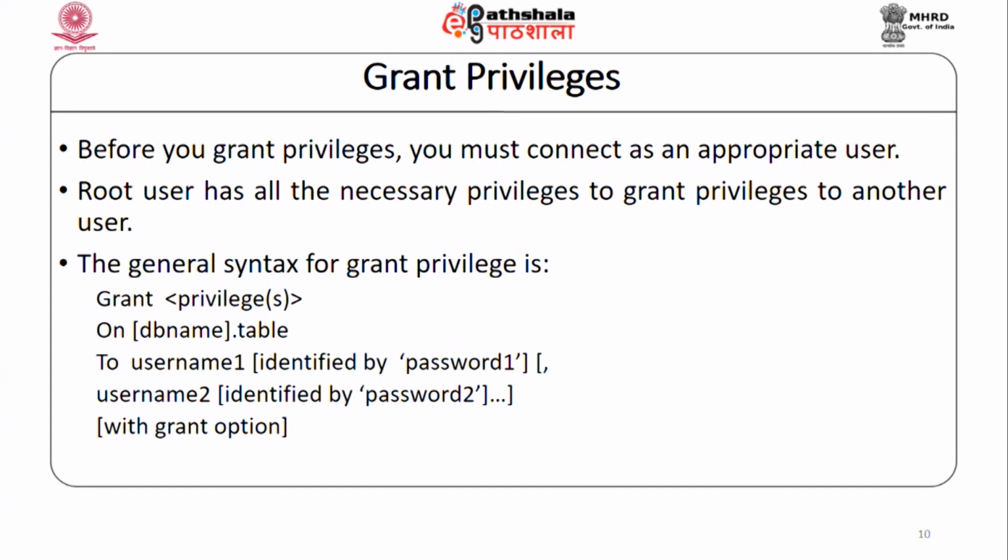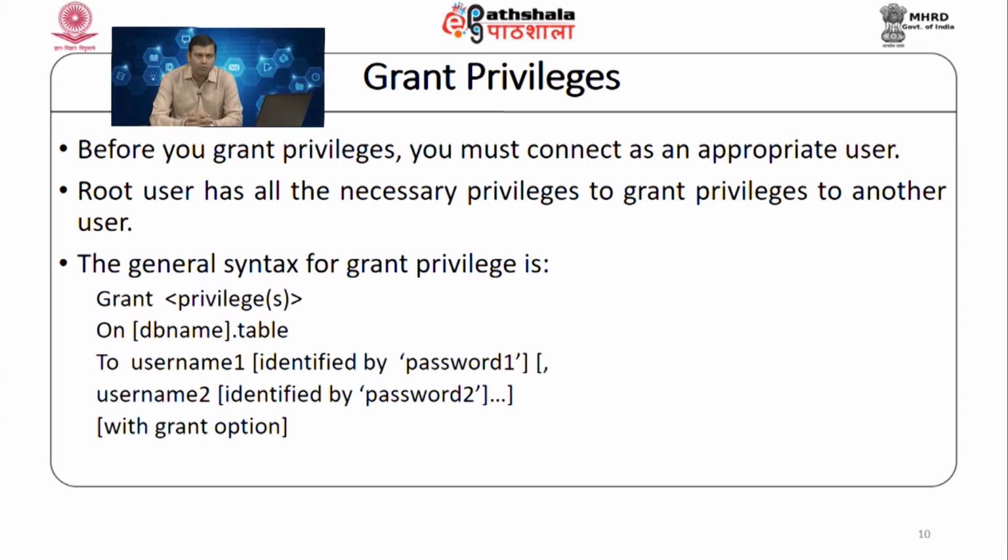Before you grant privileges, you must connect as an appropriate user, and the root user has all the necessary privileges to grant privileges to another user. The general syntax for grant is: grant, then you provide privileges on an optional database name dot, then you have to specify the table name to username 1, optionally identified by password.